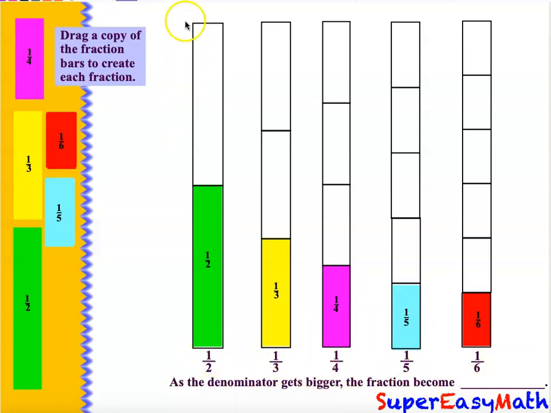So we can say that 1 over 2 is greater than 1 over 3, and 1 over 3 is greater than 1 over 4, etc. So the fraction with the smallest denominator corresponds to the greatest fraction, and the one with the greatest denominator corresponds to the smallest fraction.